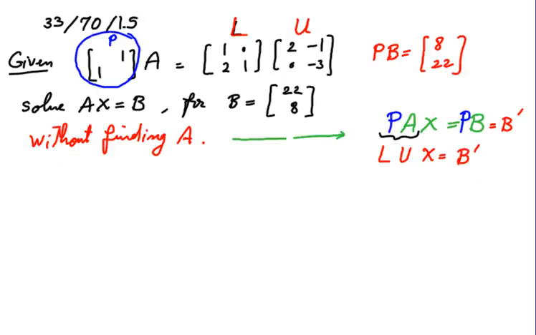we have LU times X equal to B prime. This is given, this is given, this we just found. These are given items. This is almost given, we just got it quickly. What we want to do is to find this one. So here's the L and U, and this is B prime.